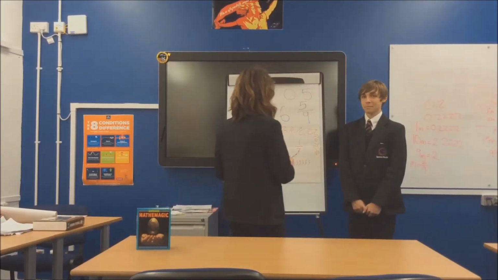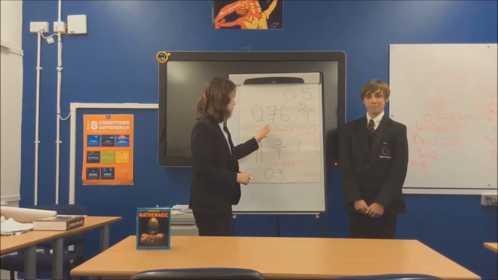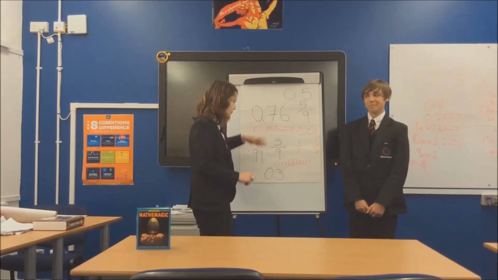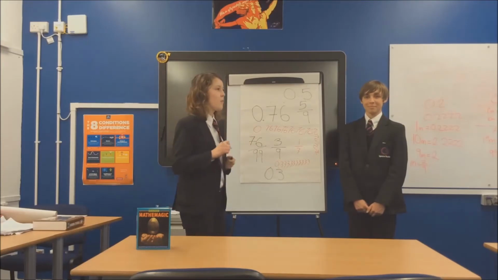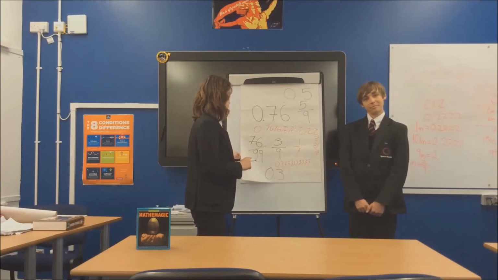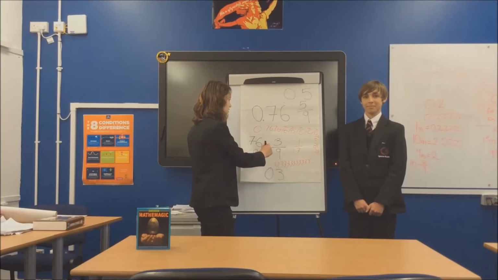So if you have a 0 before your recurring digits, all you do is add a 0 onto the end.